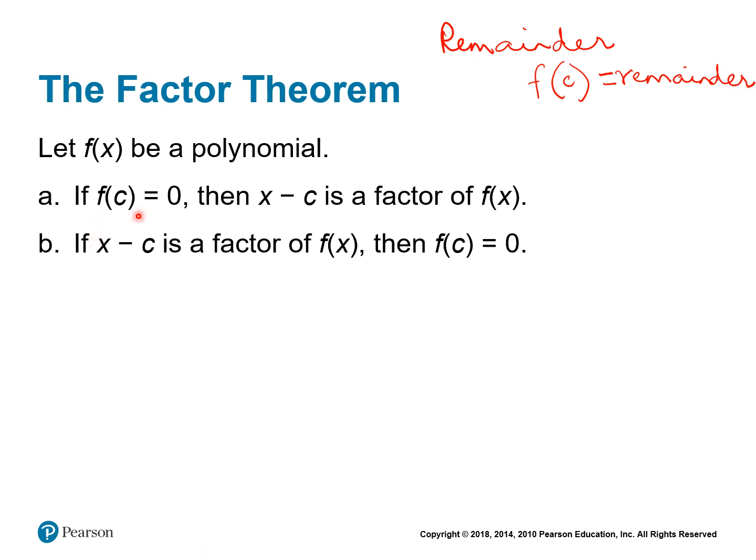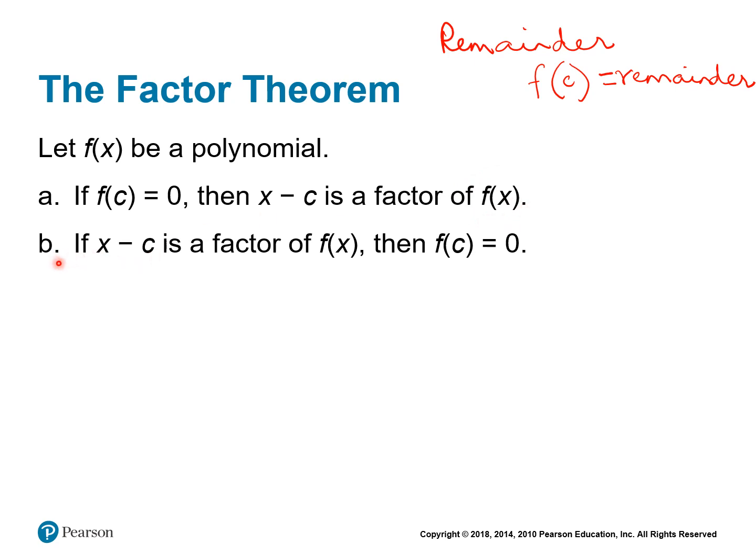So when they say if f of c equals 0, that means if we get a 0 for the remainder from a polynomial division, then x minus c, whatever we plugged in for c, is a factor of f of x.